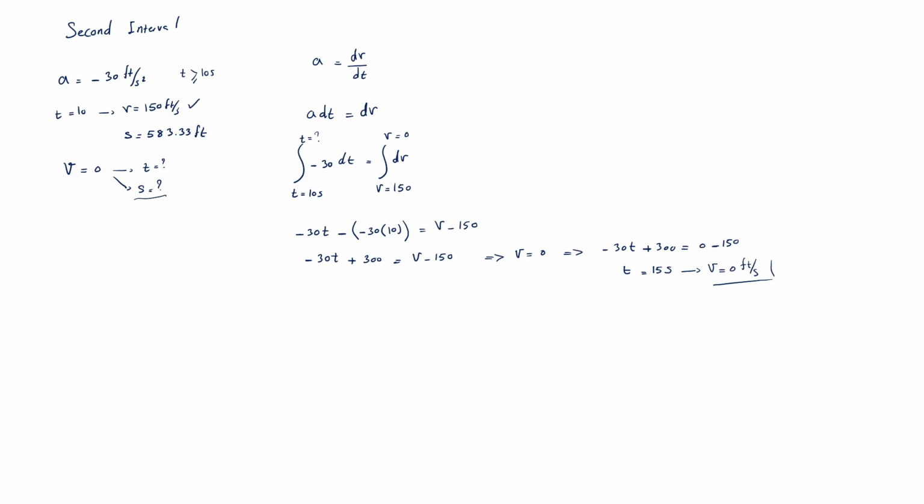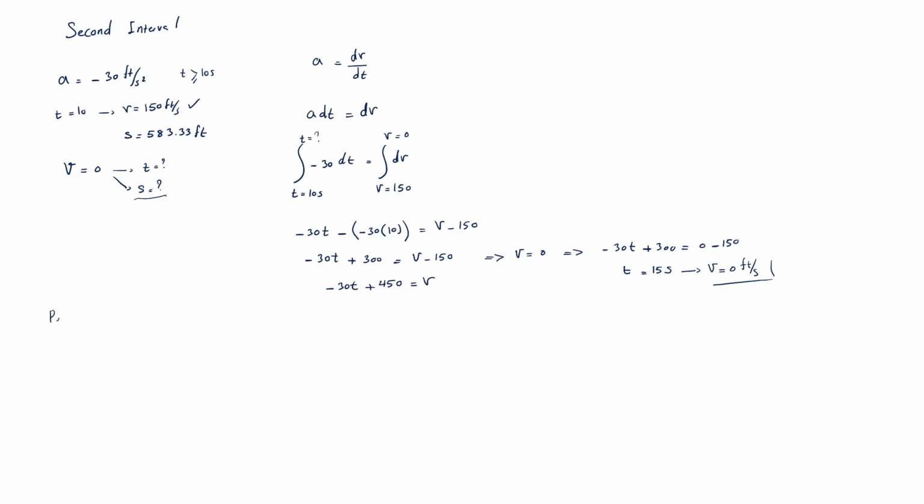From this part, we find the equation of the velocity. Maybe I can write the equation of the velocity like this one: minus 30 times t plus, if I bring 150 to the left side, we get plus 450 equal v.